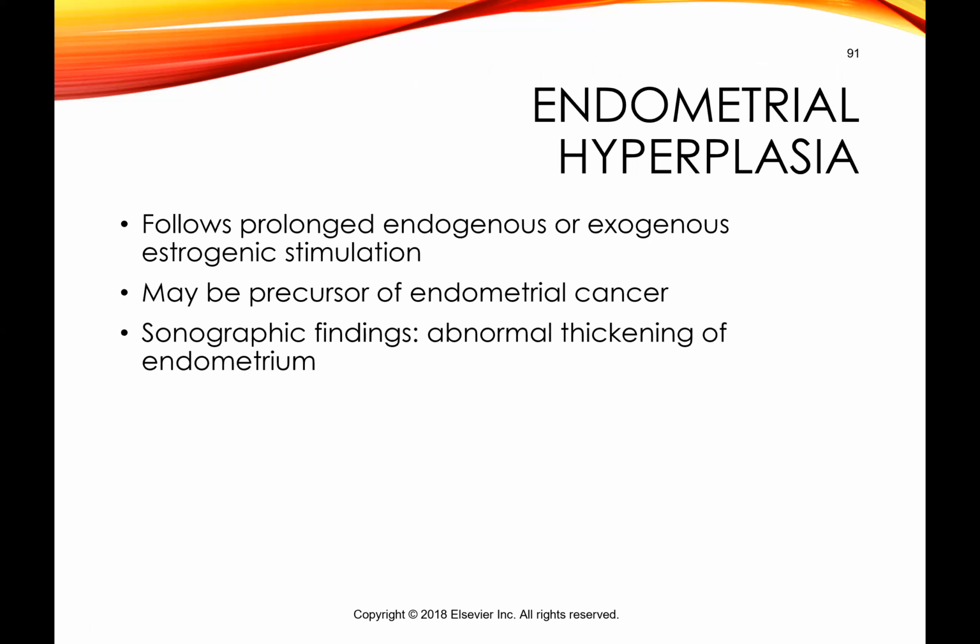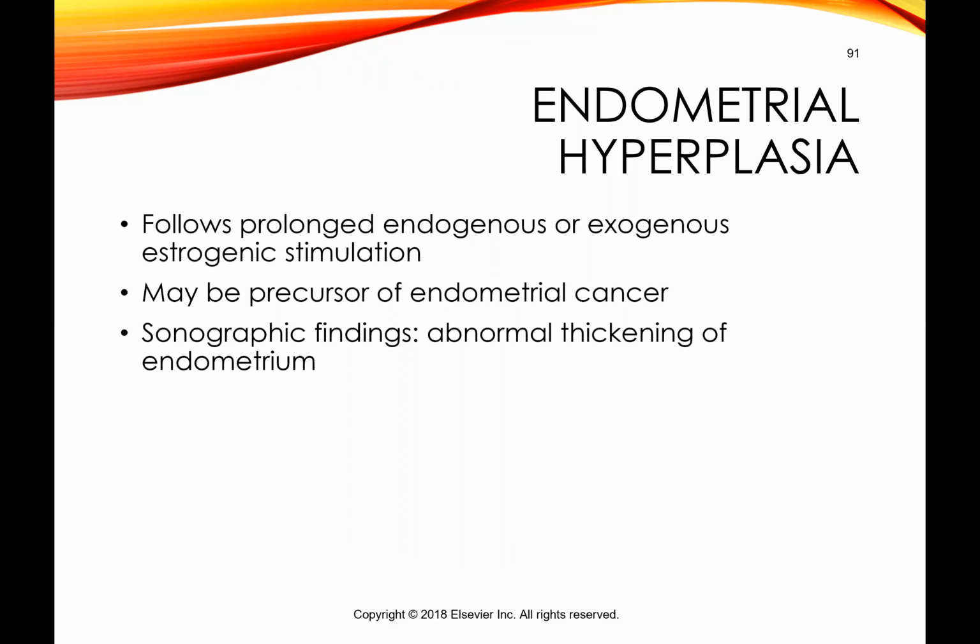So let's talk a little bit about endometrial hyperplasia. Sometimes it could just happen from extra estrogen stimulation. It could be a precursor to endometrial cancer. And what it is exactly is just abnormal thickening of the endometrium. So patients are coming in with heavy periods, menorrhagia.